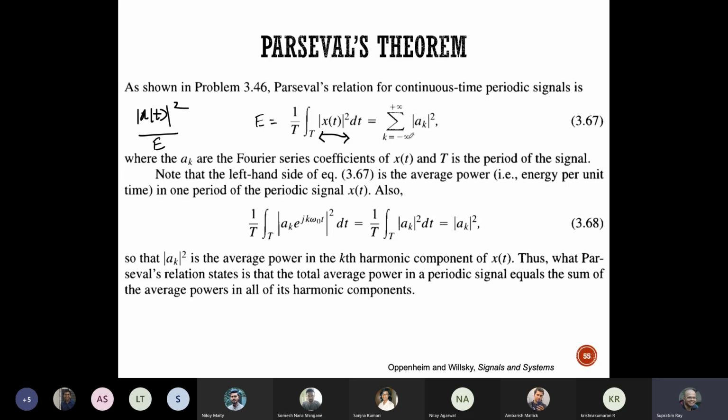Well, we'll get to the PSD in a bit, but the fact that the energy of the signal can be obtained by either integrating over the time domain or, in this case, summing over the frequency domain, and later for the Fourier transform integrating over the frequency domain as well, is of huge implication. It relates everything in a very nice way. That's why I wanted to spend more time on Parseval's theorem. This theorem just boils down from what I proved in that Jamboard a while back. Okay, this is okay with everyone, right?